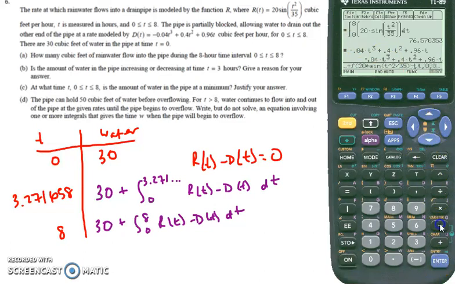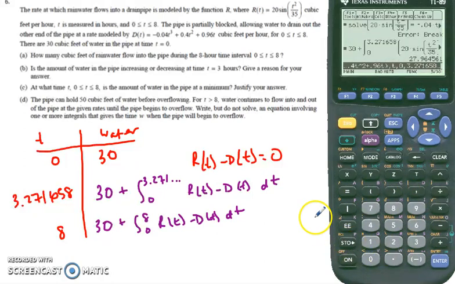So I had rate in, let's subtract out rate out, and I'm subtracting out then the negative 0.04 t cubed plus 0.4 t squared plus 0.96 t. So there's my rate in minus rate out, and my limits of integration for this first one are going to be 0 to 3.2716558, and I'm using as many decimal places as I can just to get the most accurate number possible.